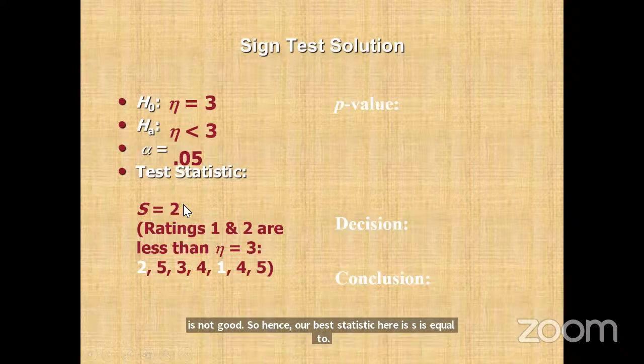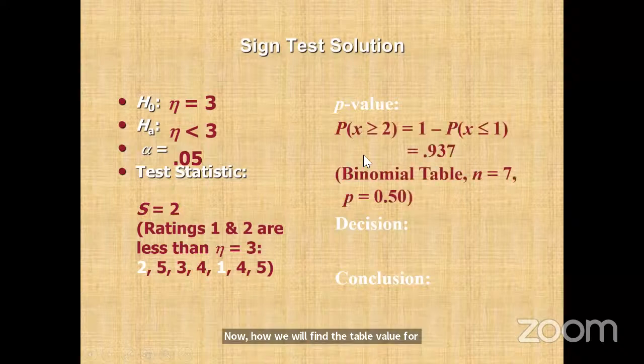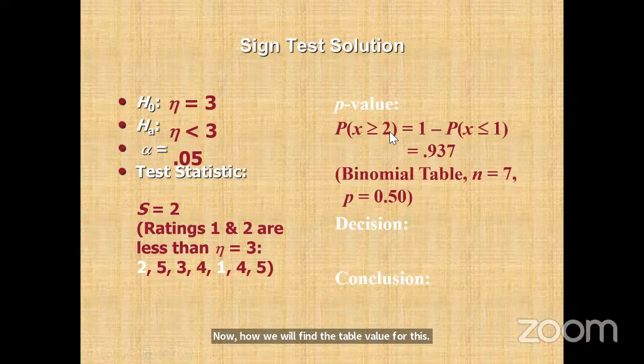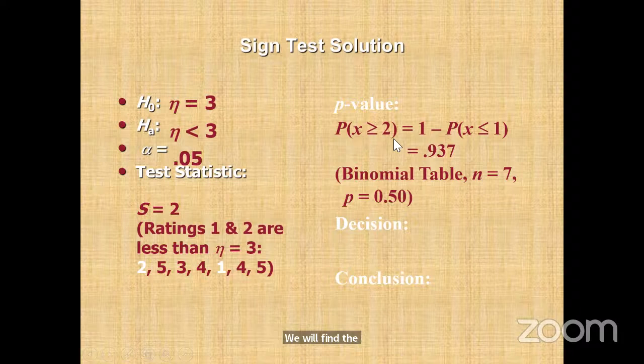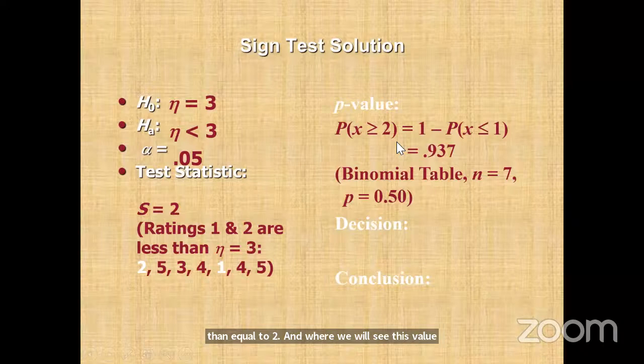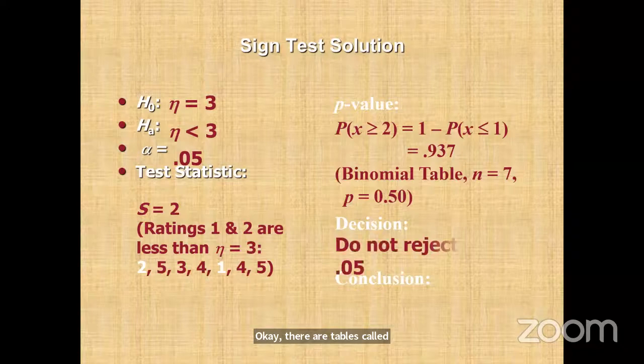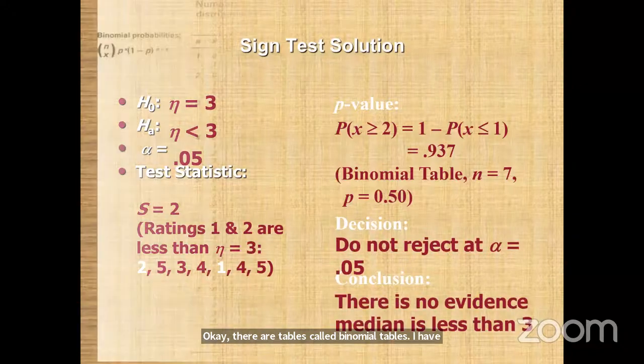Now how will we find the table value for this? Since our value of test statistic is 2, we will find the probability of X greater than or equal to 2. And this value of P, we will see in the binomial table. There are tables called binomial tables. I have given them here.